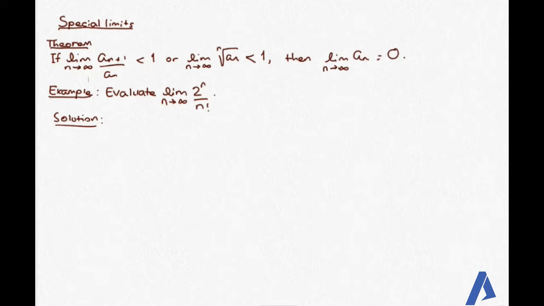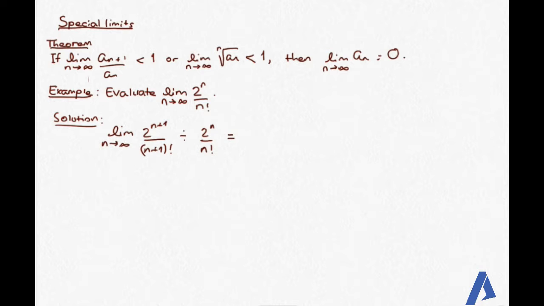ስለዚህ በዚህ መሰረት ይሄንን ኤግዛምፕል እናያለን። ስለዚህ እዚህ ጋር ሬሾ ቴስት መጠቀም እንችላለን። ሬሾ ቴስት የምንጠቀመው the limit of a_{n+1} over a_n less than 1 መሆኑን ነው as n approaches infinity። ስለዚህ the limit of 2 to the power of n+1 over (n+1) factorial divided by a_n, which is the sequence itself, as n approaches infinity.